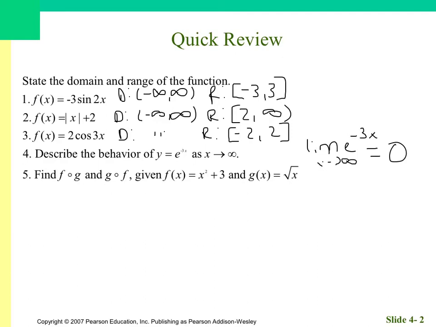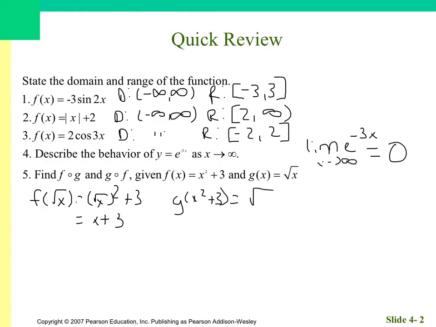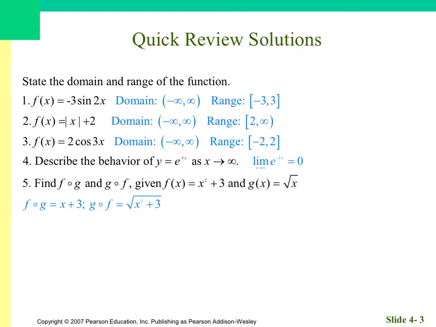Find f of g and g of f, so f of g first would be x plus 3, and g of f. So there's that one, there's that one. There we go.